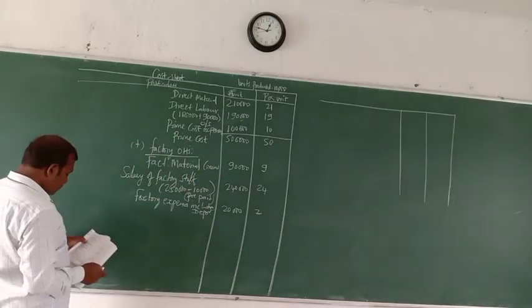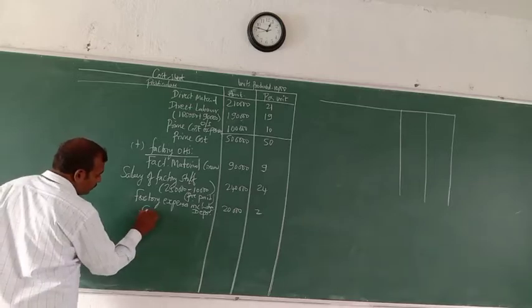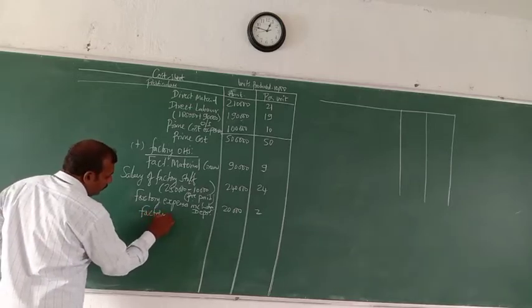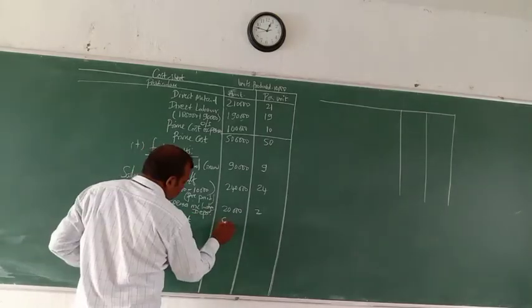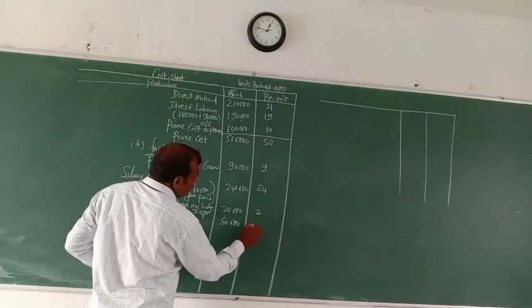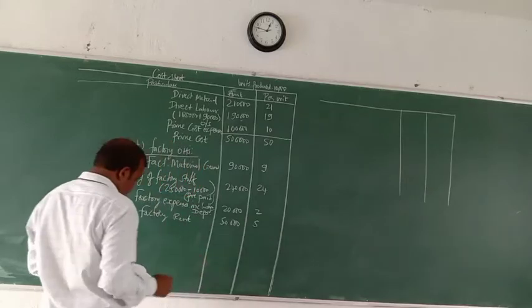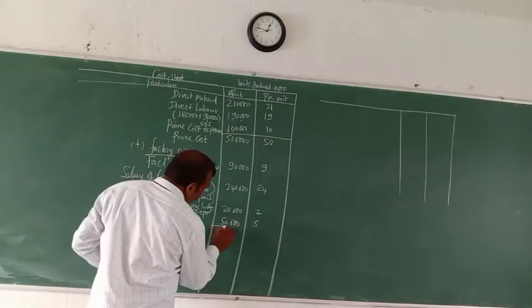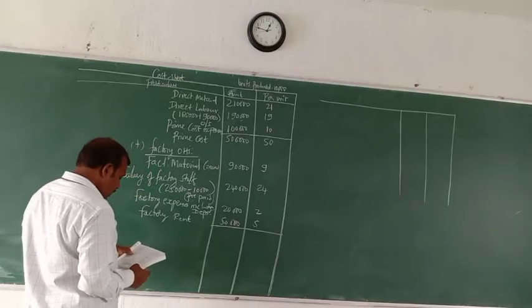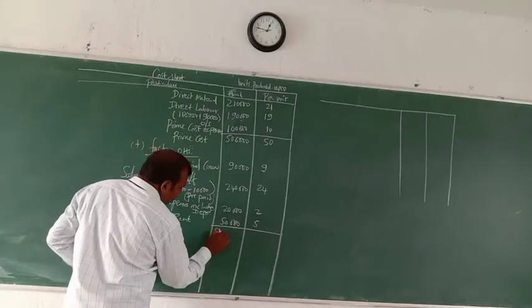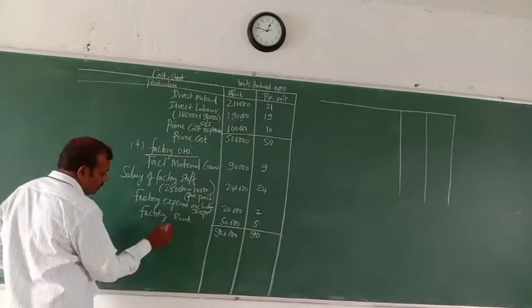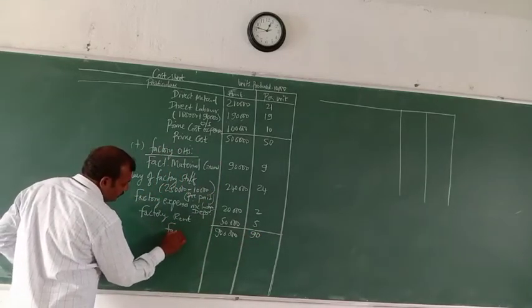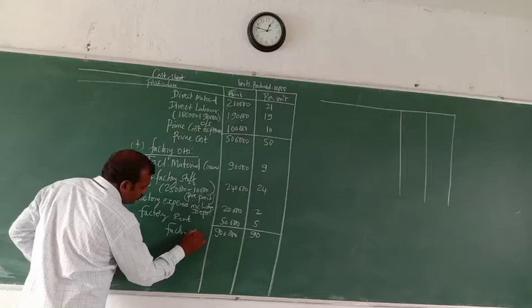Factory rent, 50,000 divided by 10,000 will get 5. Take this total, 9 lakh, divided by 10,000, it will be taken as factory cost, 90.